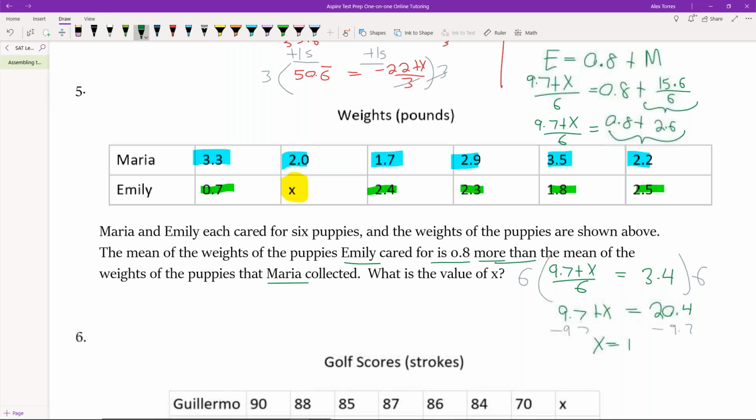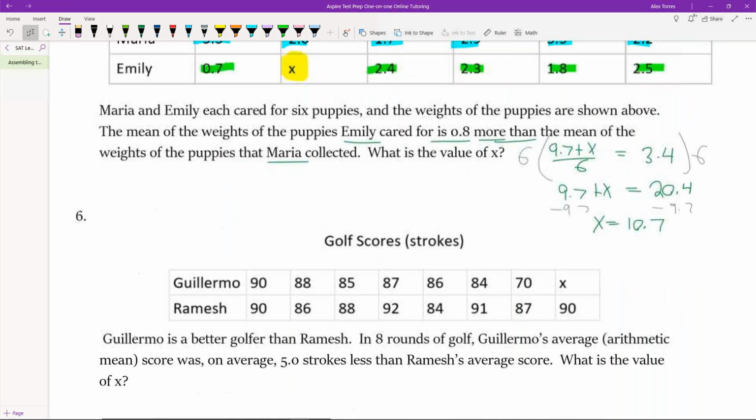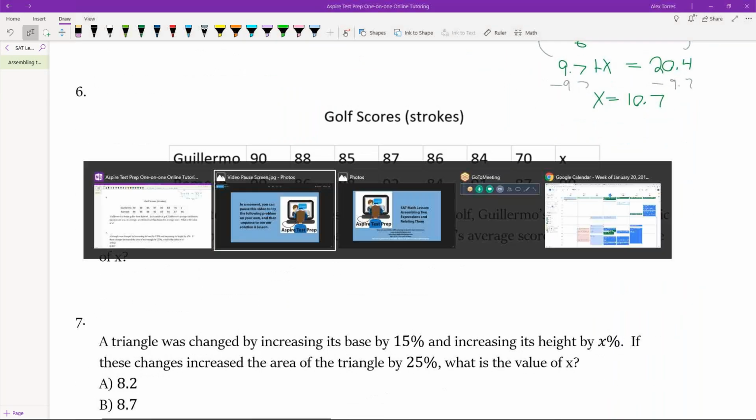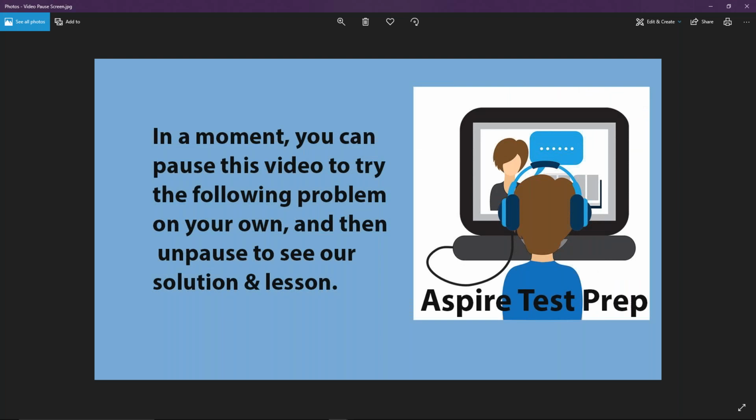And x is 10.7 right there. So the theme in this entire folder of problems is to create that unifying statement and fill in the pieces from there. And that's as opposed to saying, what was the answer? Instead of saying, what's the answer, we're saying, what can we do with the information we're being given?